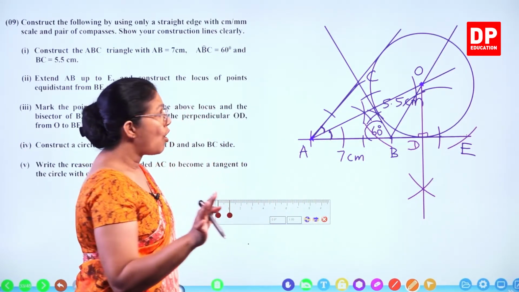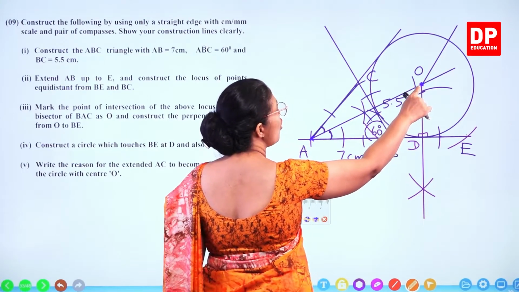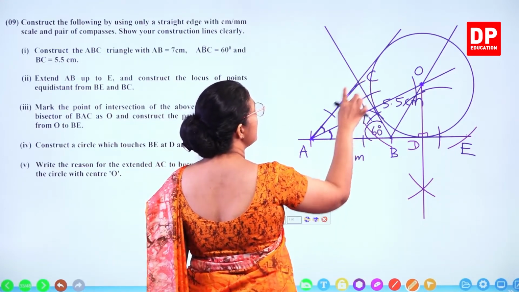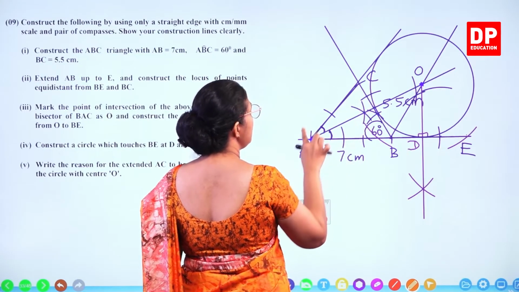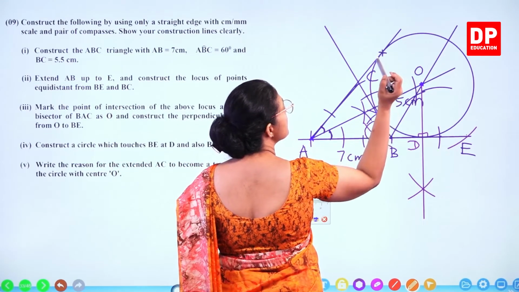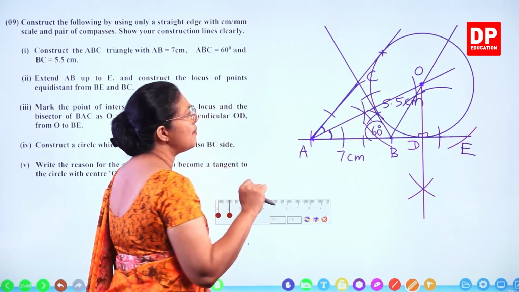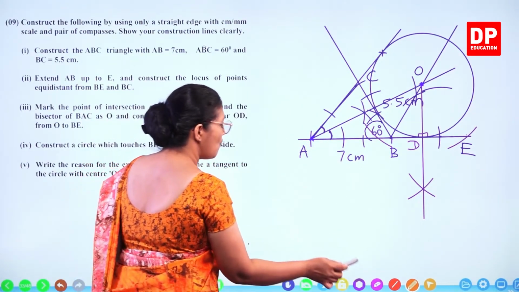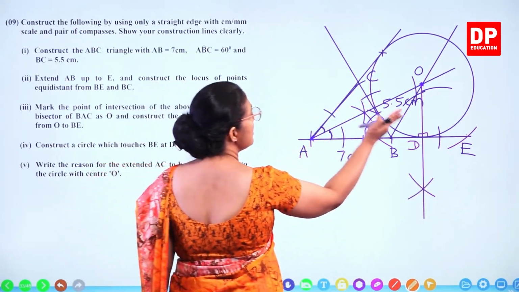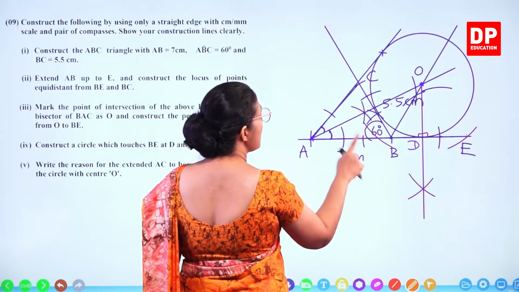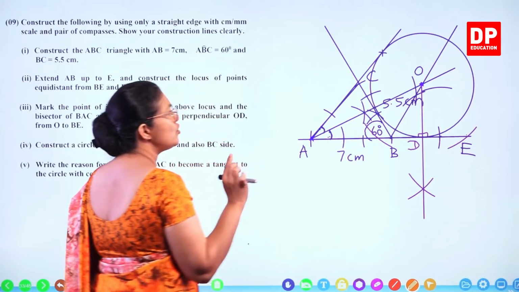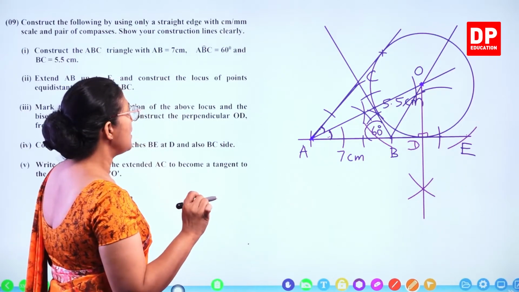So when you draw a circle, the line joining the center with the outside point bisects the angle here. So that's the reason why we get AC as the tangent, because in this diagram the tangents are equal as this angle is bisected by the line joining the center and the outside point.